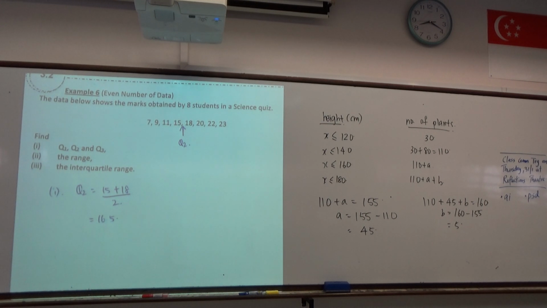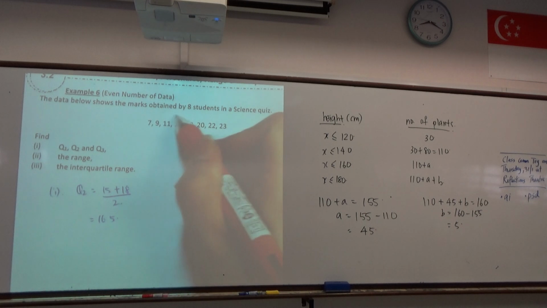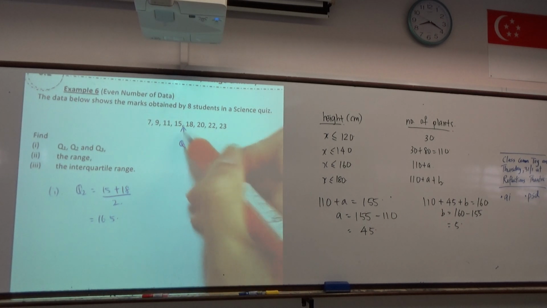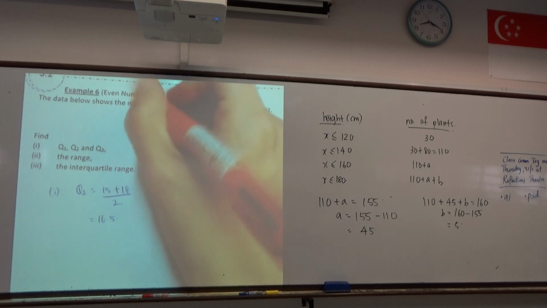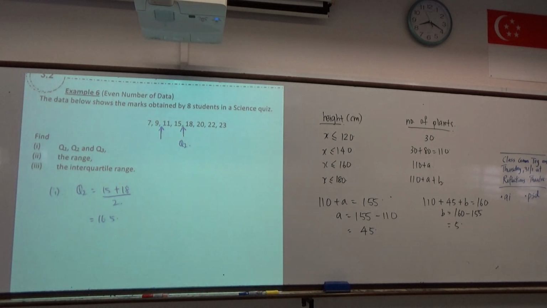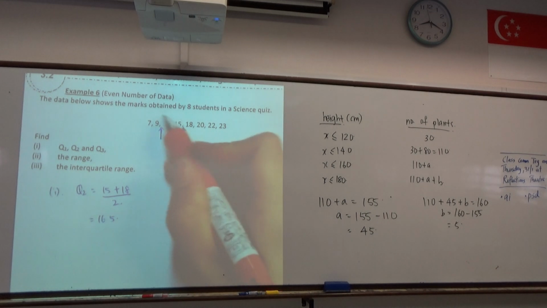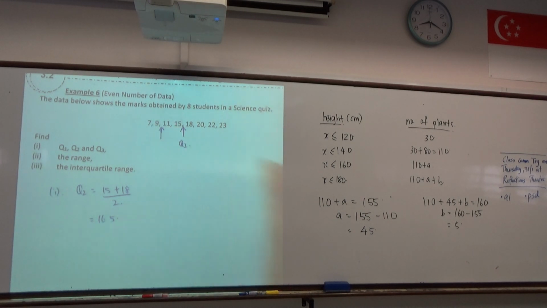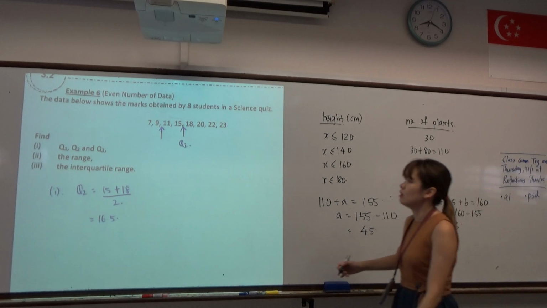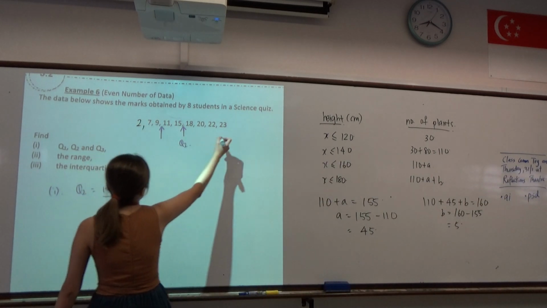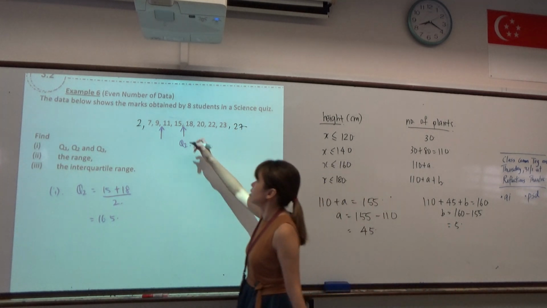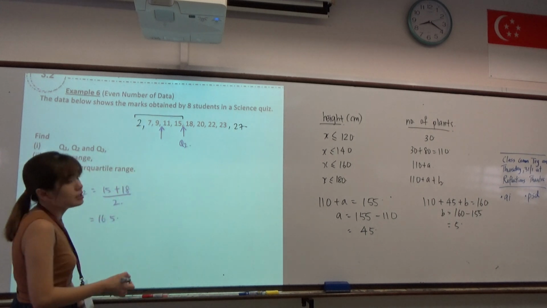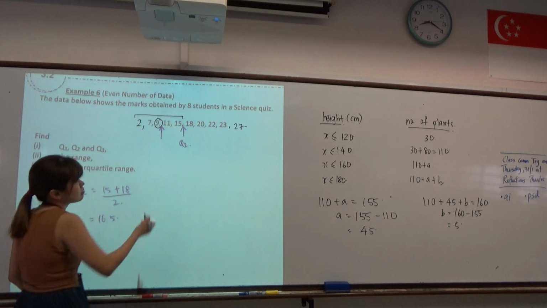Just so coincidentally, the left side of the median is also an even number of data. So the middle will be between 9 and 11. If it were an odd number of data, for example, if there were 10 data and I add another number here, then there would be 5 data over here, and the median would then be 9.